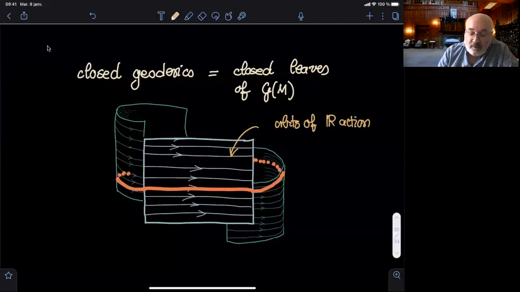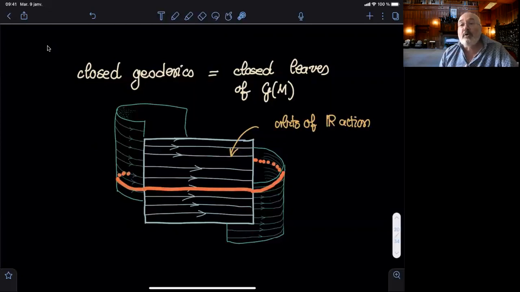And of course, now you see what the closed geodesics are. The closed geodesics are a closed orbit of the R action. This means that if you start with this object and you continue it in some other patch, then eventually it will close up.